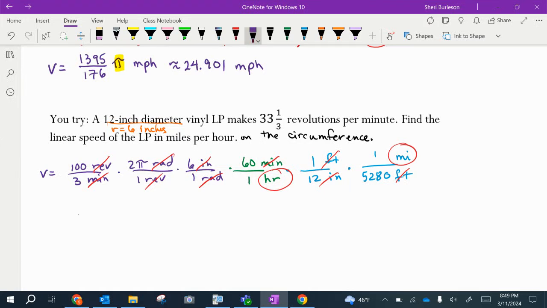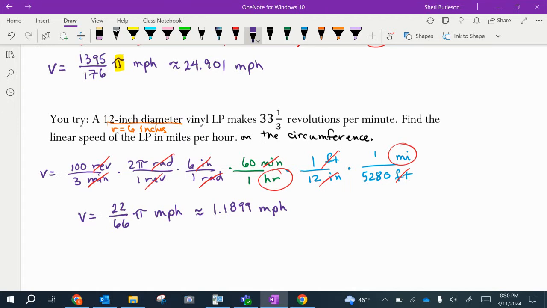So then when I type this into the calculator and get an exact, you should have gotten 22 over 66 pi miles per hour. And then when you typed that into the calculator, you should have gotten 1.1899. I think I truncated miles per hour.